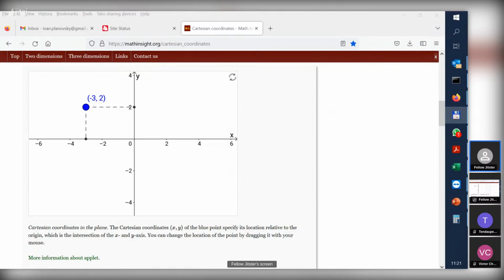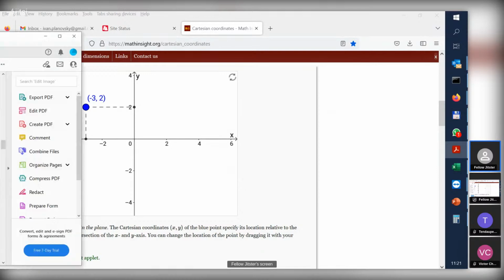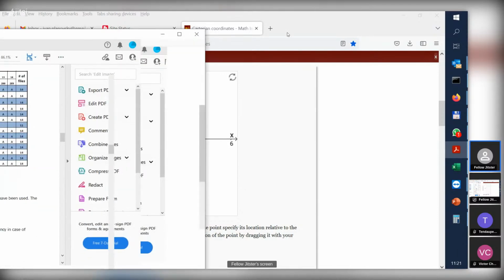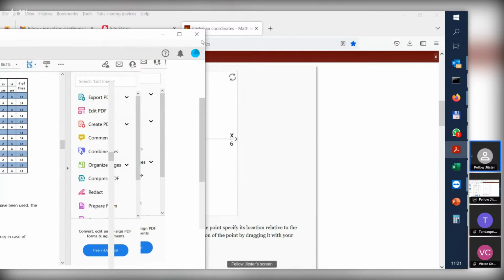Based on what I just explained, then, not sure why my PC is very slow this morning.